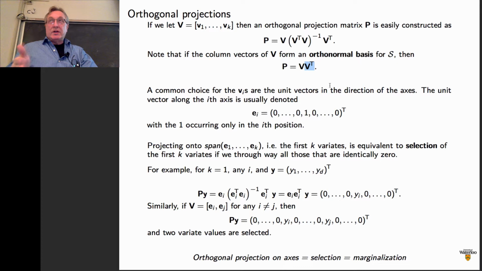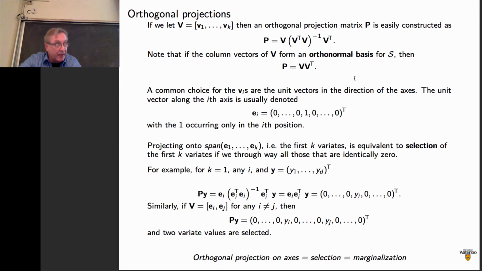So every column vector in P is a linear combination of the column vectors in V. So they form a basis. That's true up here too, it's just this second matrix is a little more complicated. They form a basis for the column space of P. Okay?